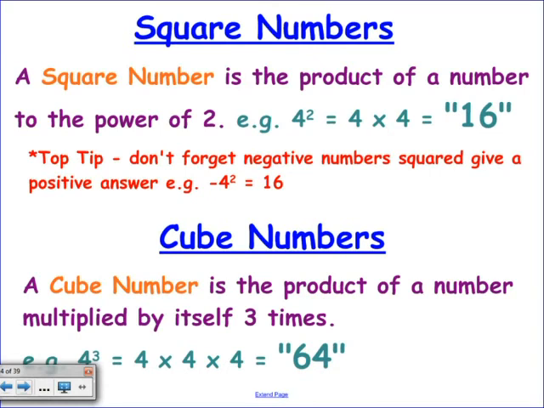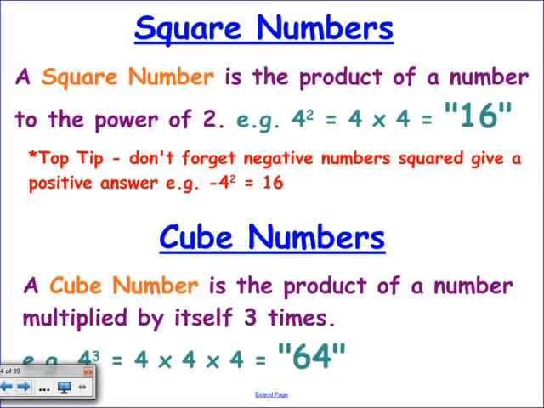So 1 cubed is 1, 2 cubed is 8, 3 cubed is 27, 4 cubed is on the board, 64, 5 cubed is 125, and 10 cubed is 1,000. So alarm bells ring when you see those numbers.